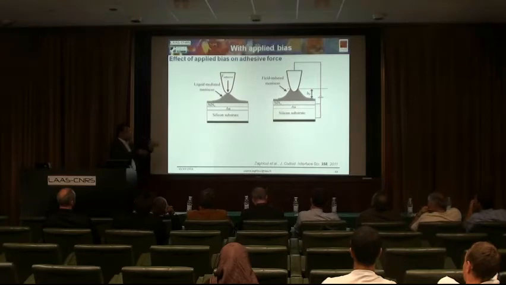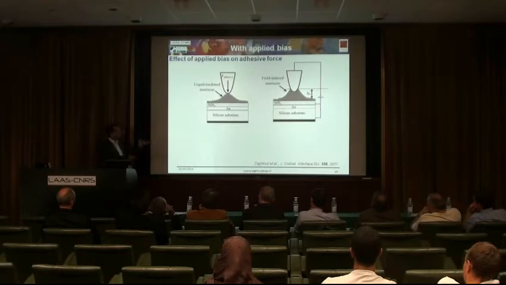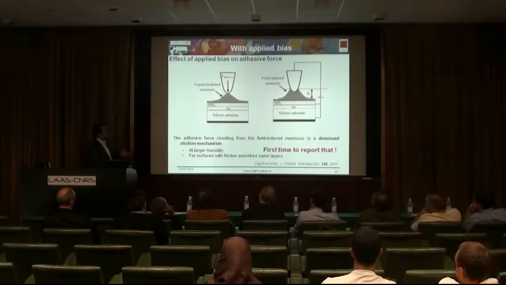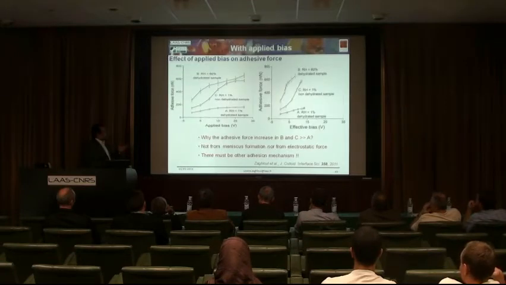The surface tension increases. And this means the volume of the water or the liquid surrounding the tip is increasing. So the force required to get rid of this water volume is increasing. This basically explains why we have this sudden increase in C and B.